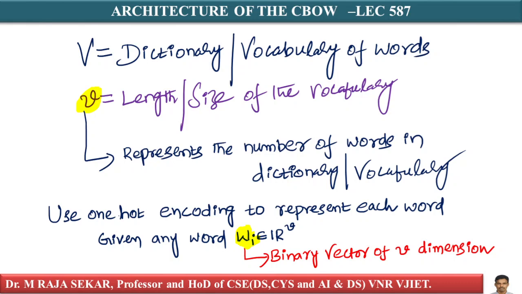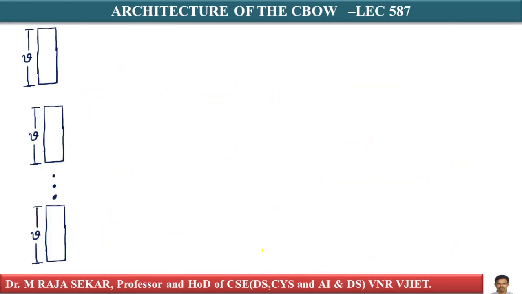So let's start with this. Now let's draw the architecture first. So let's assume I have each of these boxes. This is step number 2. Let's assume each of these boxes is a v dimensional one hot encoded word.